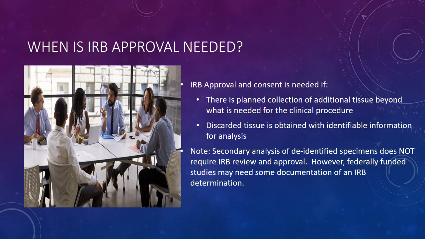A note to this is secondary analysis of de-identified specimens does not require IRB review and approval. However, federally funded studies may need some documentation of an IRB determination. So always keep that in mind. If it's something that's federally funded, then it might require documentation that an IRB has at least made a determination on your submission.